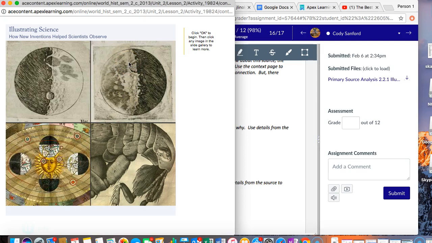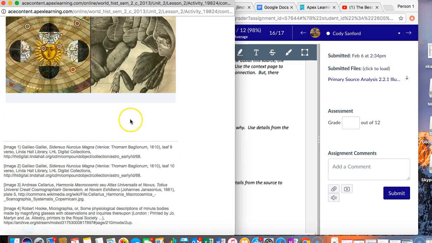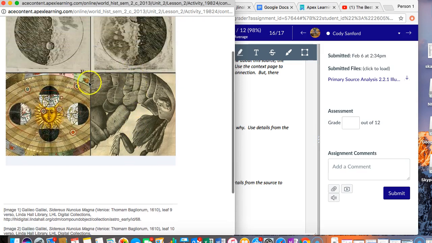That was his point of view. You could answer that similarly if you wanted to talk about Cellarius or Robert Hooke, the guy who drew this about the flea, in that they are looking at the image, so the moon or the flea, from wherever they were standing or sitting on Earth. Okay?